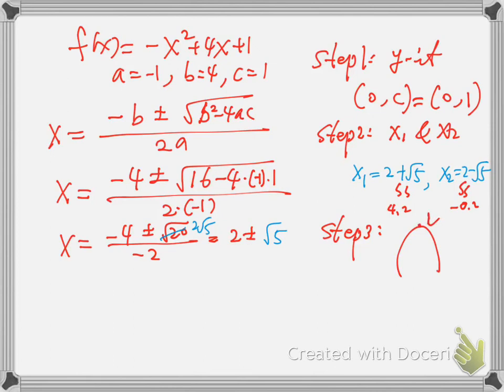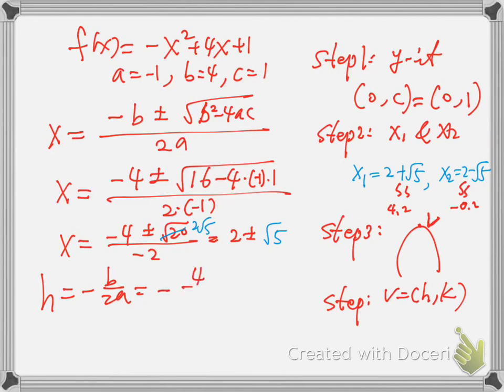So this is the V. Now let's find h and k. h is negative b over 2a. So this is negative 4, b is 4, 2 times a, 2 times negative 1.